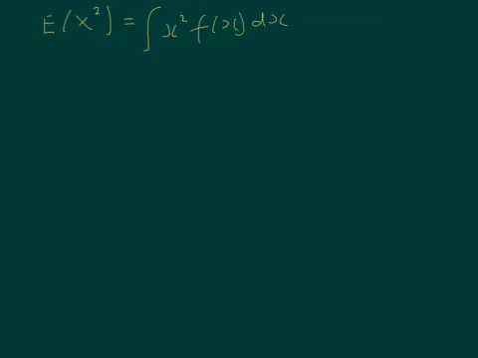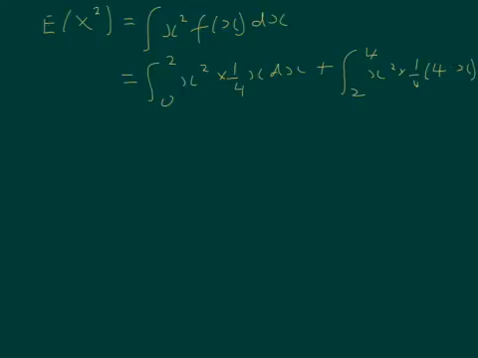So the formula that we get is the integral of x squared f(x) dx. So it's in two sections, so from 0 to 2 it's x squared times a quarter x dx, and from 2 to 4 it's x squared times a quarter (4 minus x) dx. So we are going to need to simplify these expressions, so that's 1/4 x to the power 3 plus a quarter of 4 is 1, so that's x squared minus a quarter x cubed.